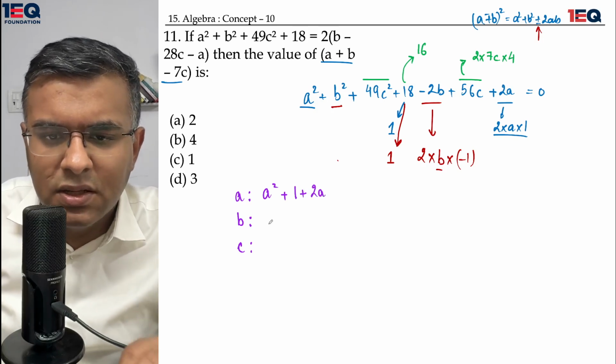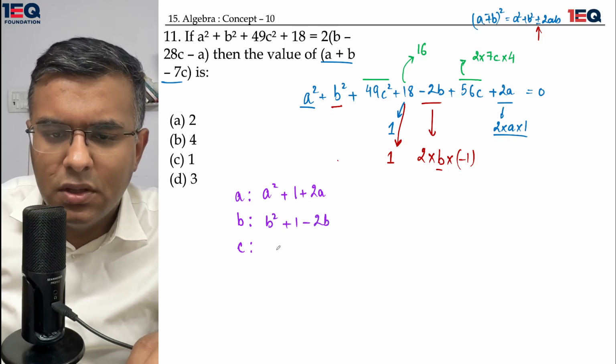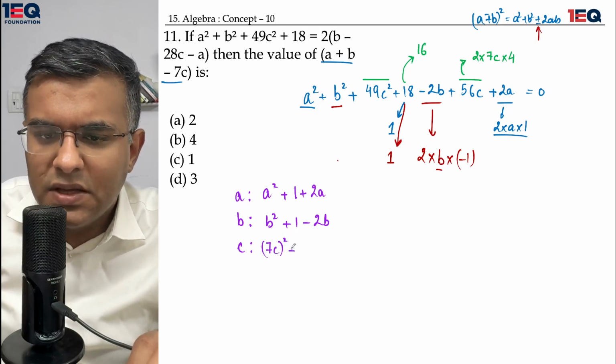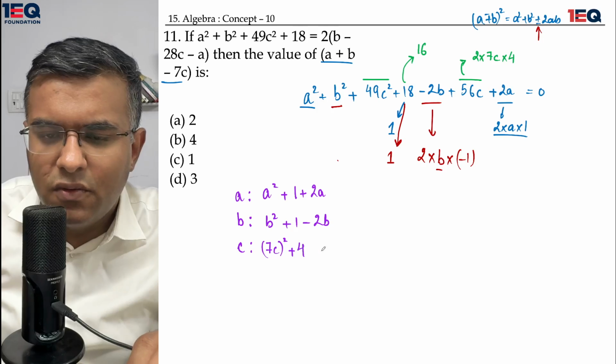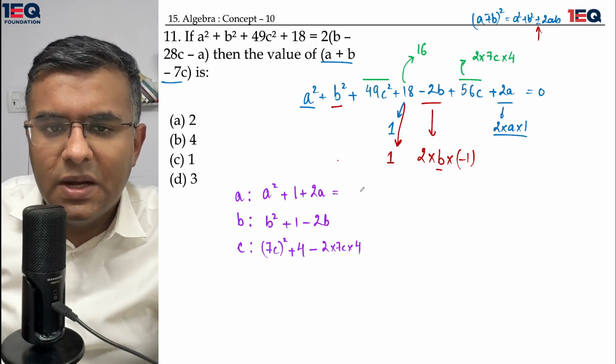This completes it. Talking about B, I get B square plus 1 again and minus 2B, and I also get C square. C square is 7C whole square plus 4 minus 2 into 7C into 4. What output do I get out of it?